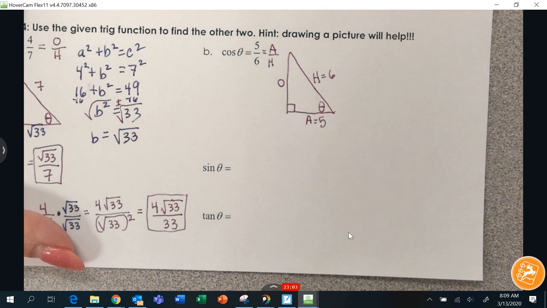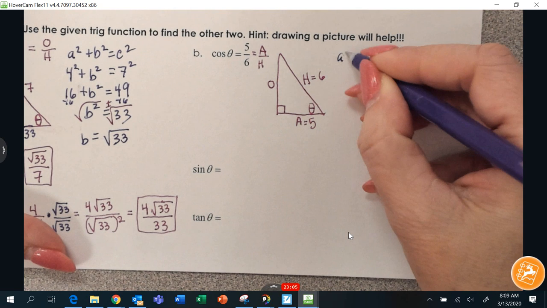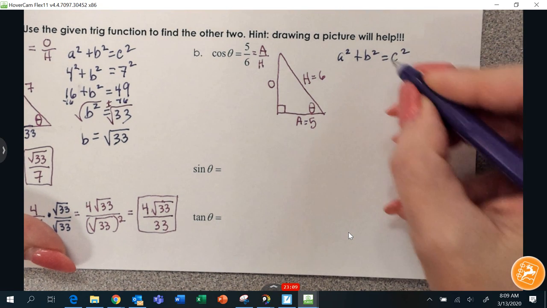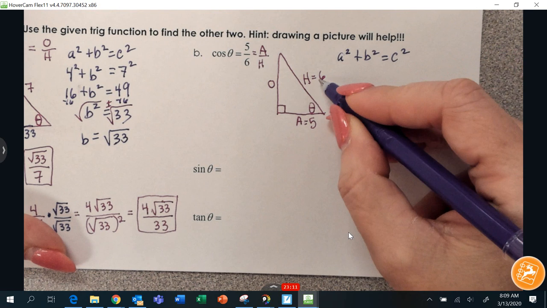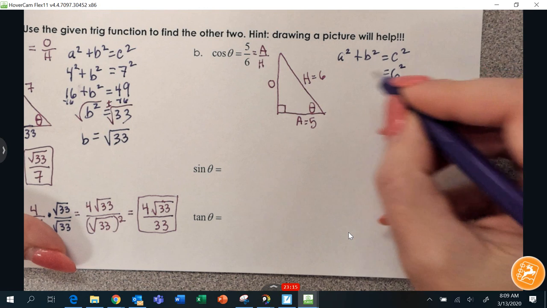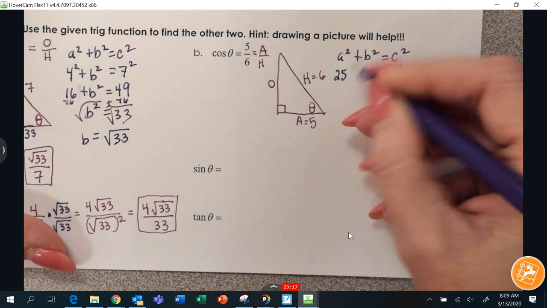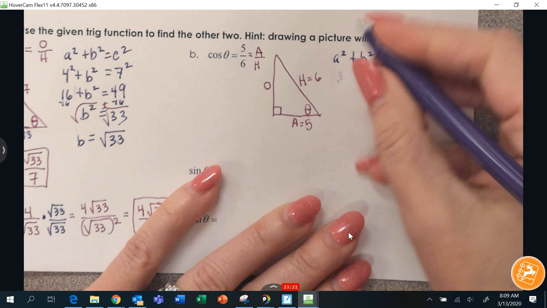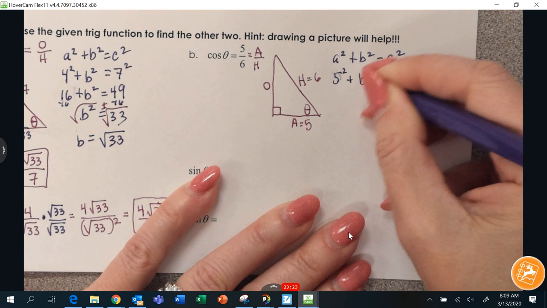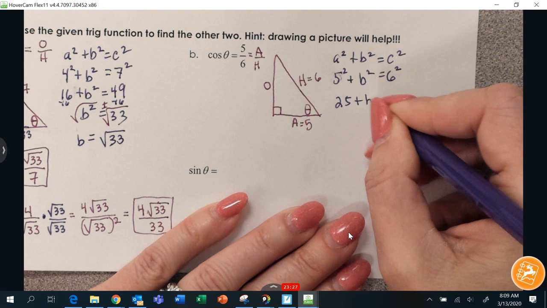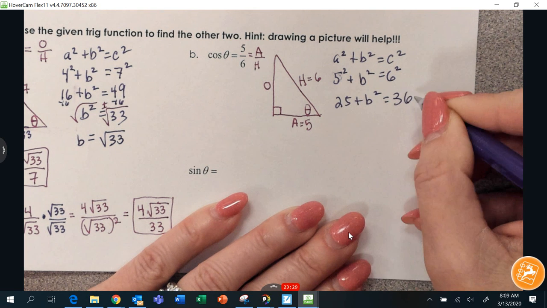So I'm going to have to do the Pythagorean theorem. A squared plus B squared equals C squared. And the hypotenuse is 6, which is C, so 6 squared. We've got 5 squared. Getting ahead of myself there. 5 squared plus b squared for a and b. So we've got 25 plus b squared equals 36.